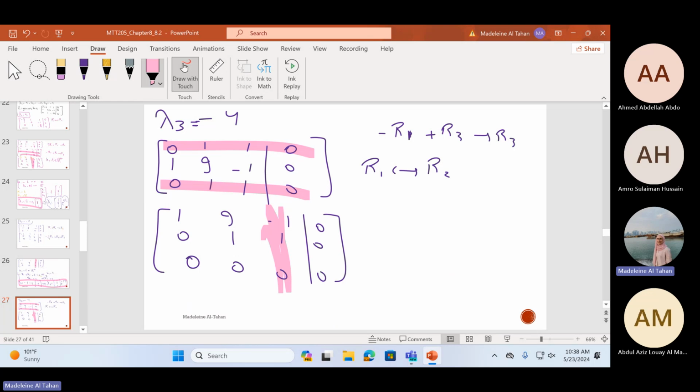What's our parameter? K3 equal to 1. Substitute, what will that be, miss? K1 plus 9K2 minus T equals 0 and K2 plus T equal to 0.